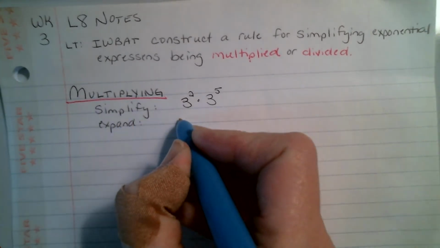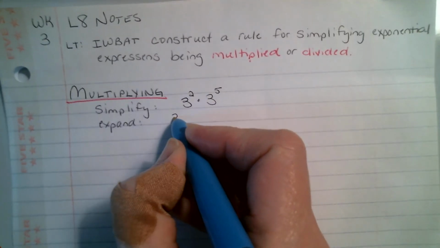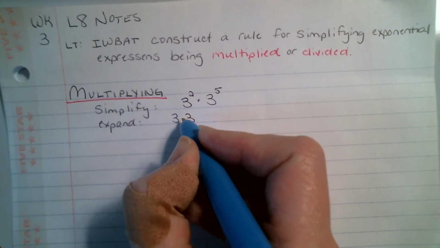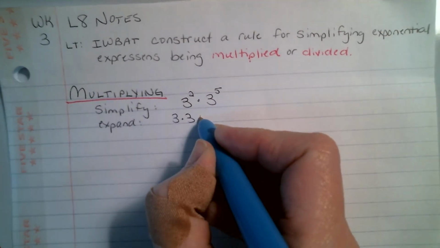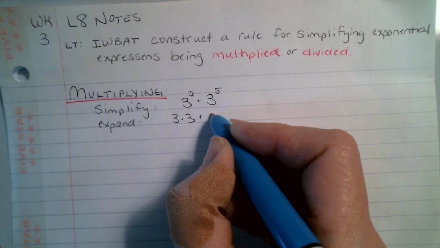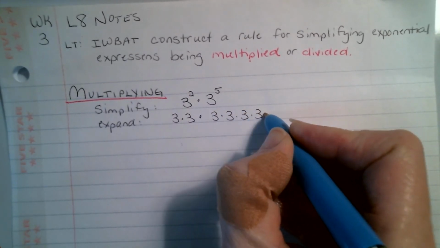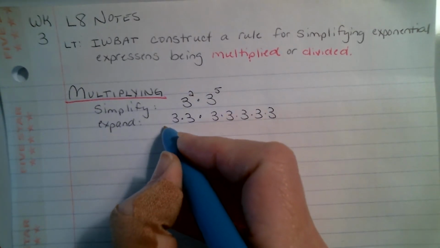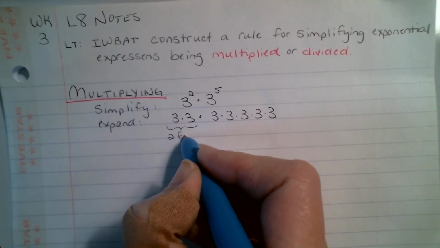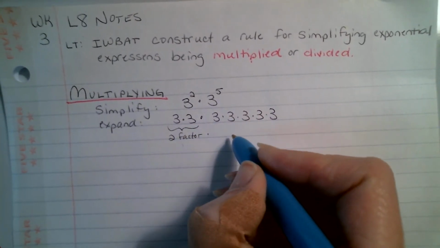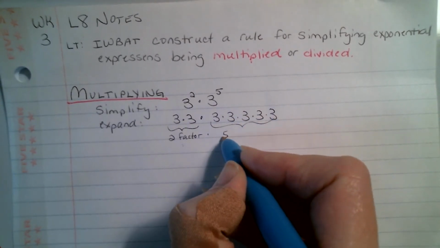If we expand this, this means I've got 2 factors of the base of 3 times 5 factors, 1, 2, 3, 4, 5, right? So here we get 2 factors of the base times 5 factors of the base.